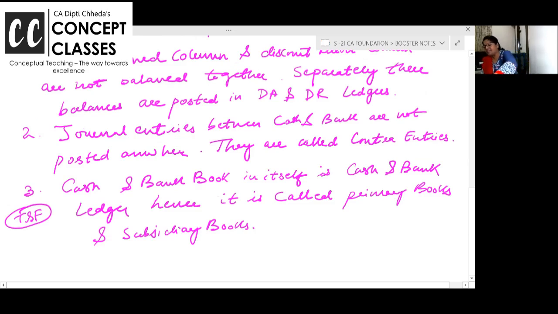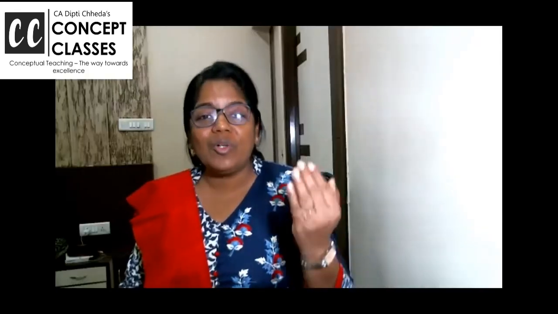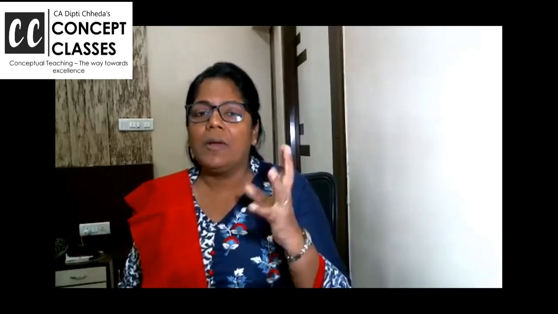There's a nice concept here for debit card and credit card also. Practically, how do you record debit card and credit cards? That I'll teach you tomorrow with the petty cash book. Today we will do one last problem. Booster notes are over. If you all want to add any point more, ma'am, you explain, but can you make us write this point?